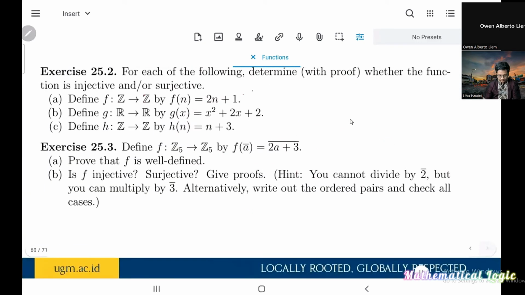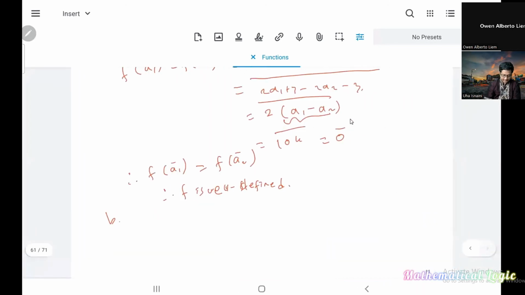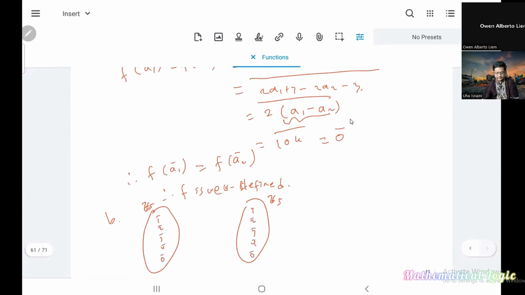And then from point B, is it injective? Is it surjective? The easiest way is, yeah, just draw the diagram. So here we have Z5, and then here Z5. We have 1 bar, 2 bar, 3 bar, 4 bar, 0 bar, and the same on the other side.